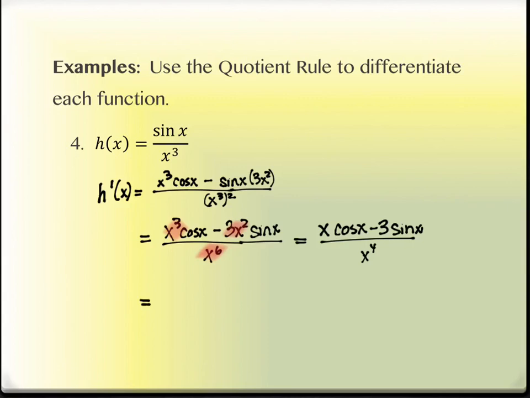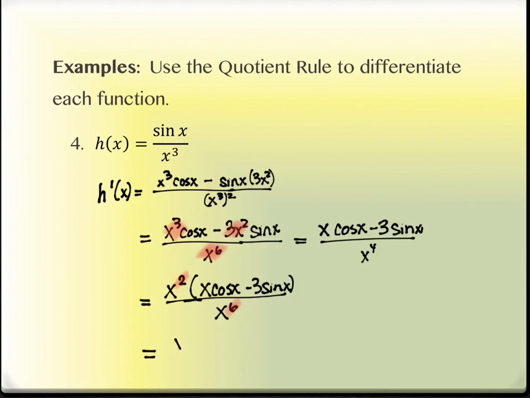Another way to see it is to simply notice that they have an x squared in common. So I can factor x squared out, and then I have x cosine of x minus the 3 sine of x over the x to the 6th. And then this squared and this 6th will reduce, right? Subtraction of exponents kind of stuff from college algebra.